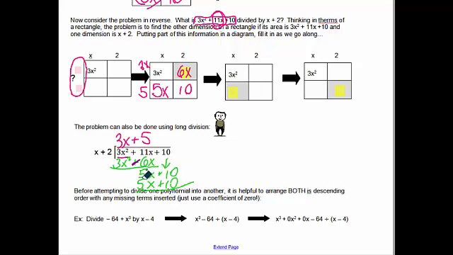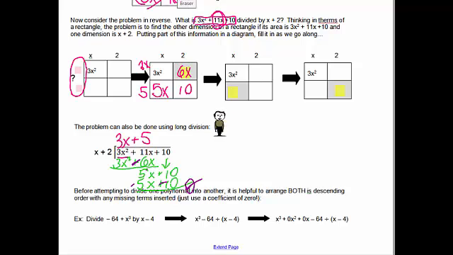And when I subtract both of those, minus 5x minus 10, I get 0. So 3x squared plus 11x plus 10 divided by x plus 2 is 3x plus 5. So you're going to have some fun going back and remembering the true process for long division.